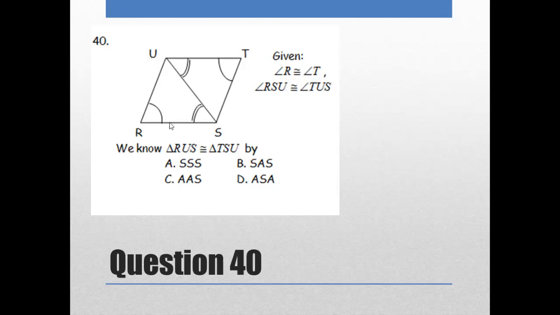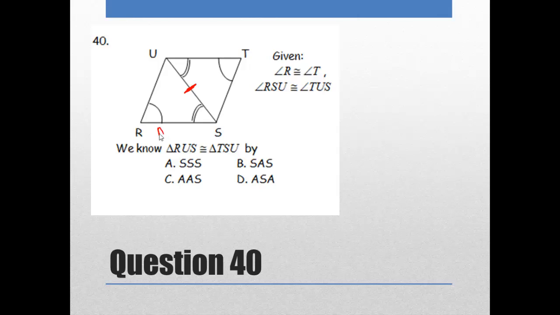Okay, more congruent triangles. RUS and TSU are congruent by, well, we know that R and T are congruent, and RSU and TUS are congruent. But we also know that this SU is shared between both the triangles. So that's also congruent.